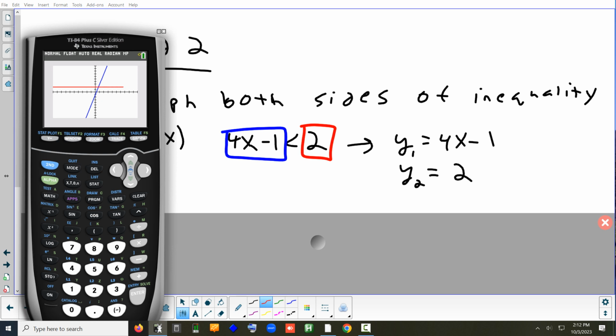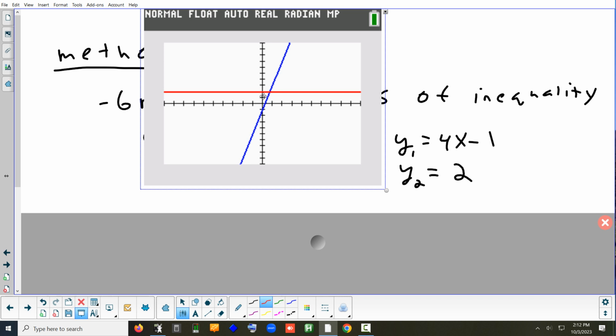There's the red. And I've got to calculate something, but this time it's not a 0. Anyone have a guess what I'm going to calculate this time? Yeah, the intersection point. Yep. I'm going to calculate the intersection point.